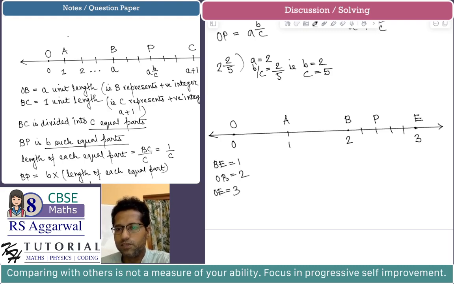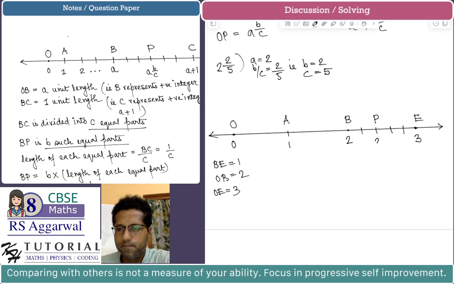The point P is at a distance equal to 2 such equal parts. Why 2? Because the fraction part is 2 by 5, and the numerator is 2.